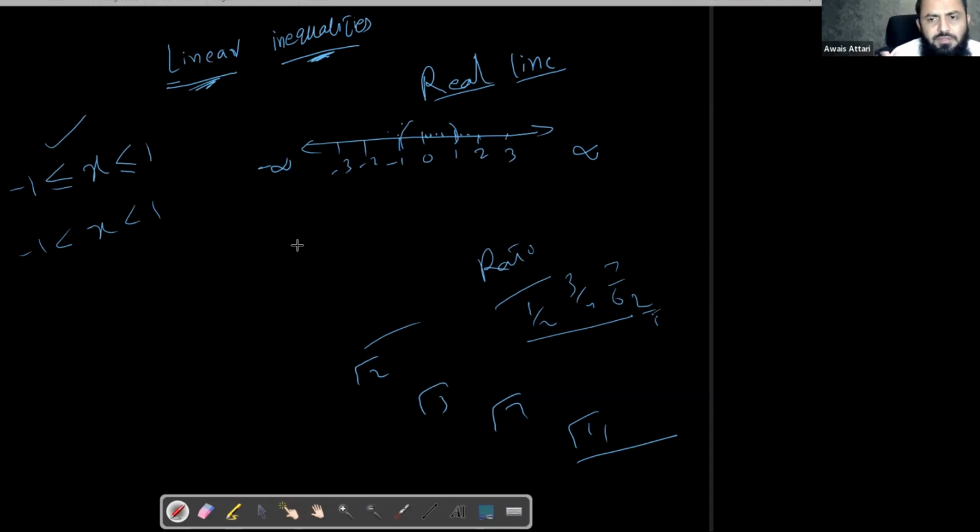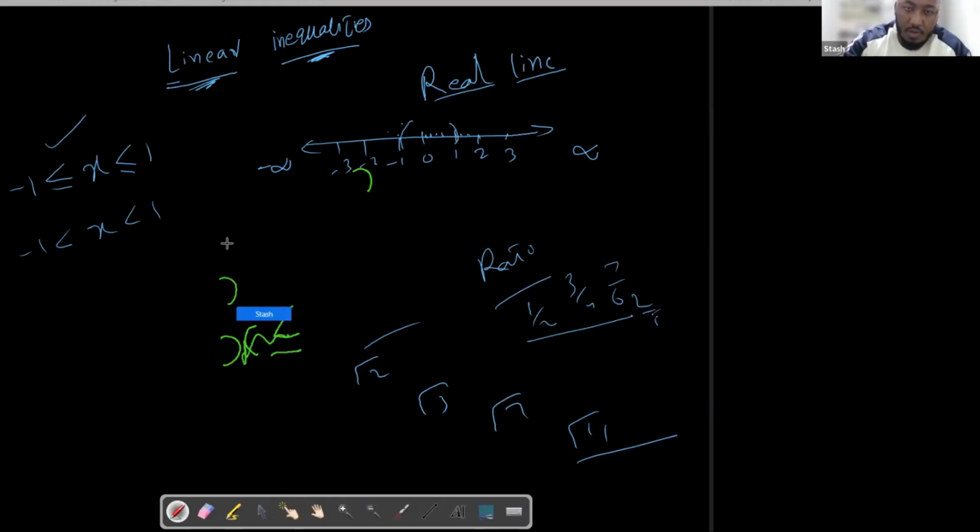All the positive. Yeah. So how would you write the inequality? I would say x is greater than or equal to 0.